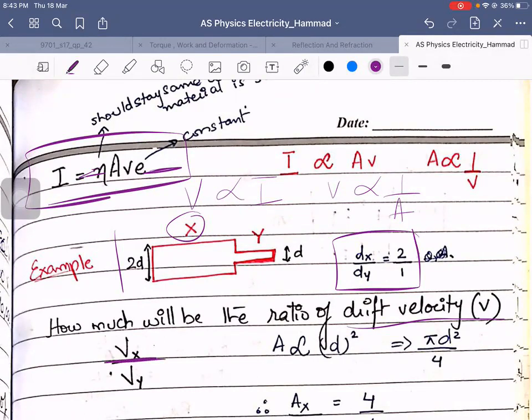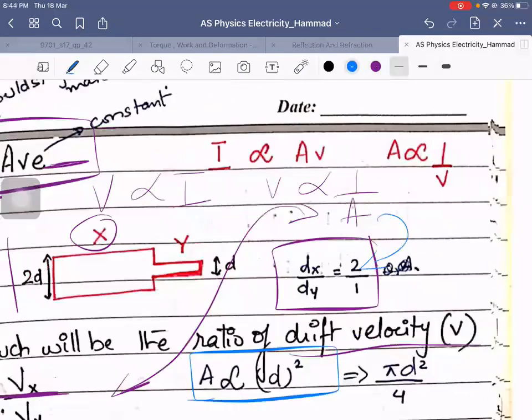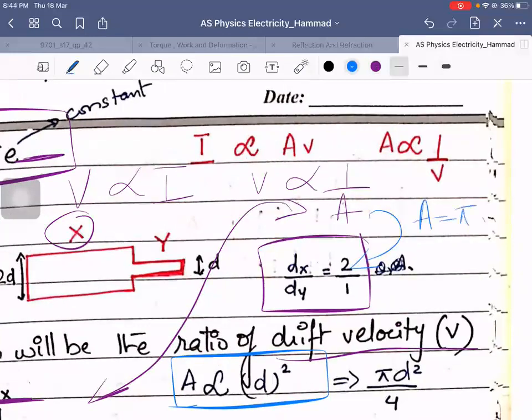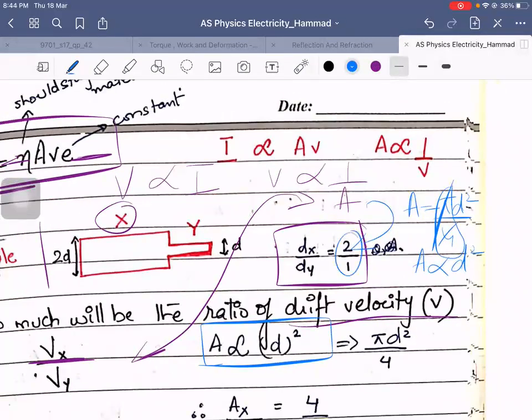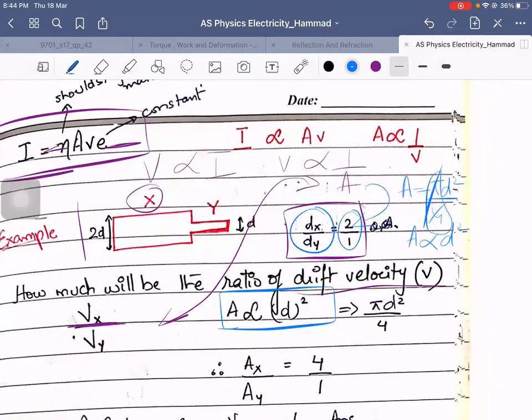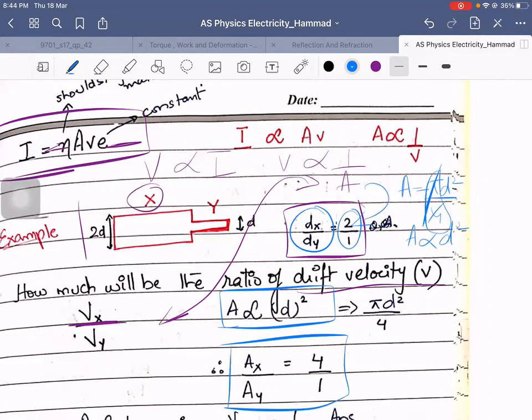Now you know for a fact that drift velocity is inversely proportional to the area, and area is dependent on diameter. Area is equal to pi d squared upon 4, so area is directly proportional to d squared. These two are constants, so I'm not considering them. Simply square these values and you'll realize that the area ratio of X to Y would be 4/1. So drift velocity value, because it is inverse, Vx upon Vy should be 1/4.